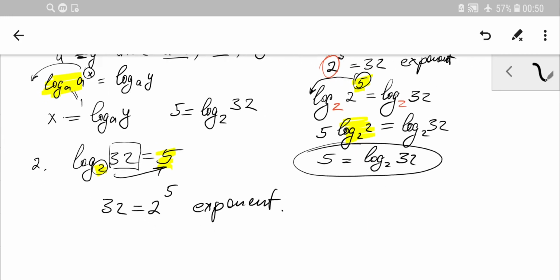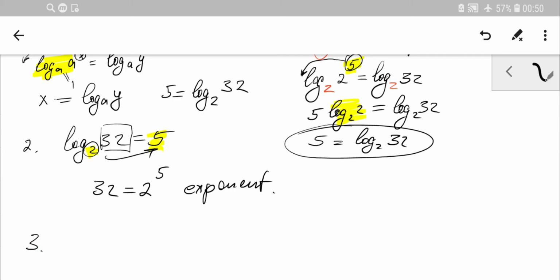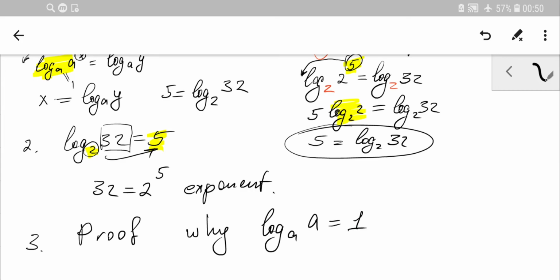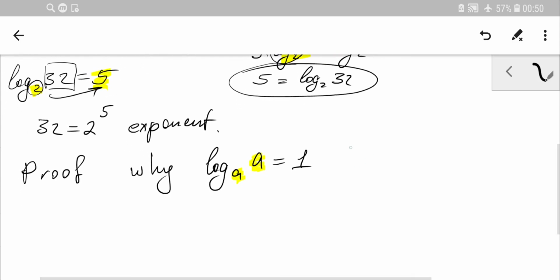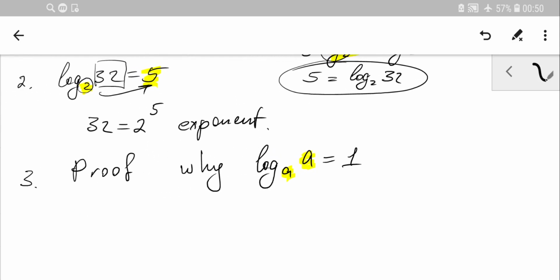Let's do a little proof and prove why log a equals 1. Before, we always used to say that if a number equals the base, the result of that logarithm is simply 1. So let's do it by definition. It's very easy to prove.